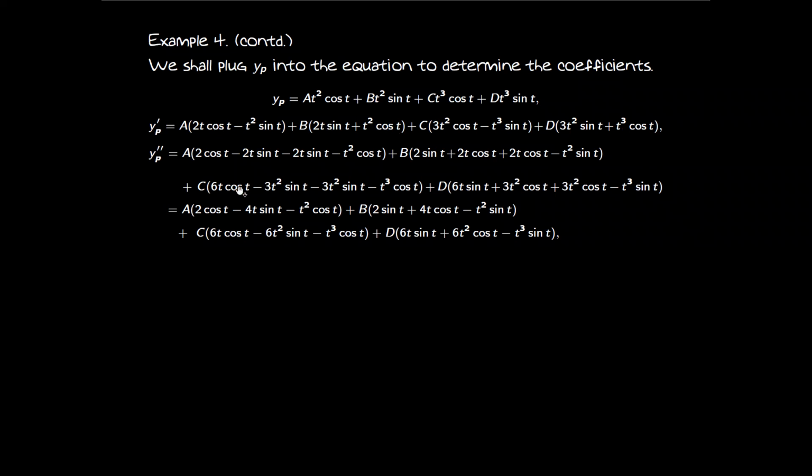Each term will give you two terms, but among these terms, you have some like terms, and you can combine them. Eventually, for each coefficient A, B, C, D, you're going to get three terms involved.